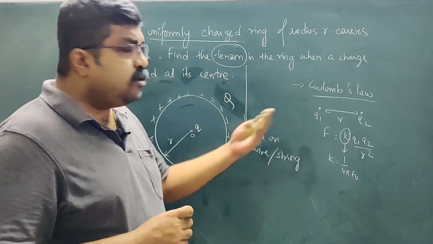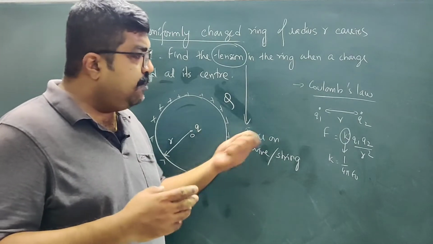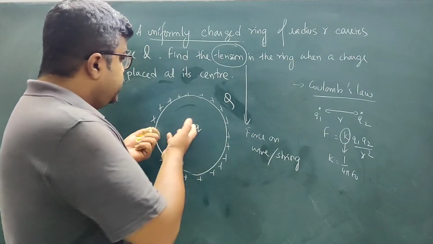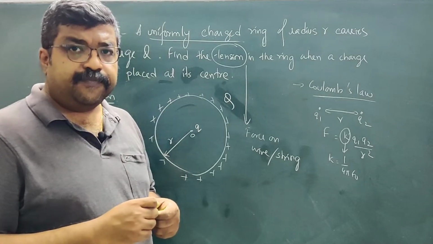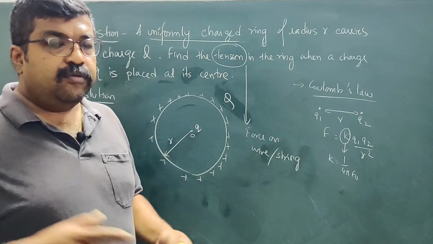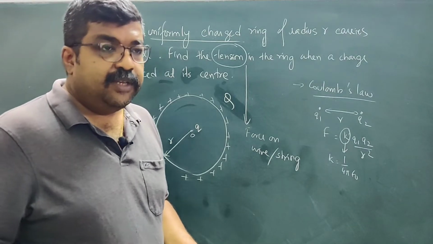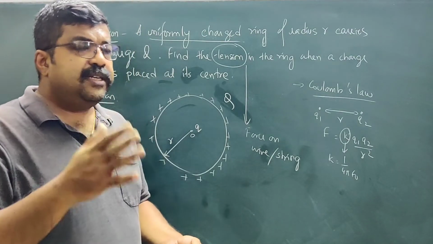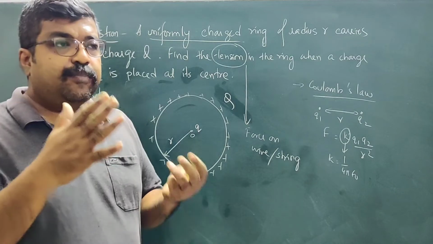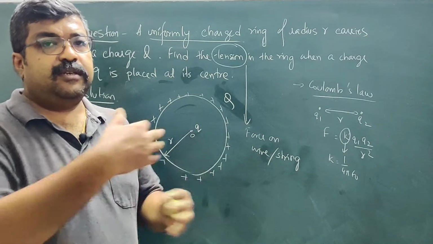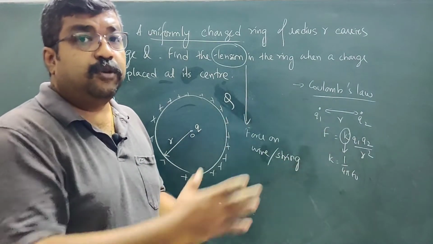Coulomb's law says it is applicable only for point charges, and this is not at all a point charge. So first of all, you need to remove this phobia that physics numericals are difficult. They are not difficult, it is just that you need to think in a proper way so that you are able to get the proper solution.